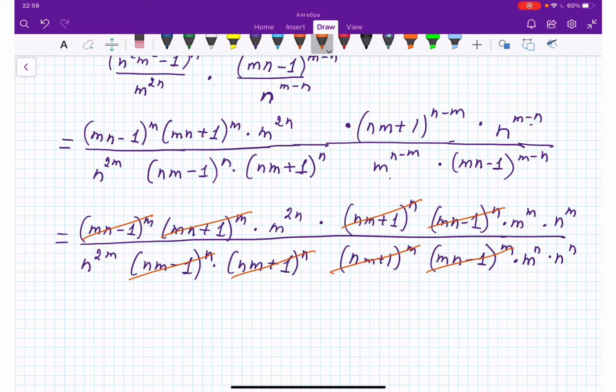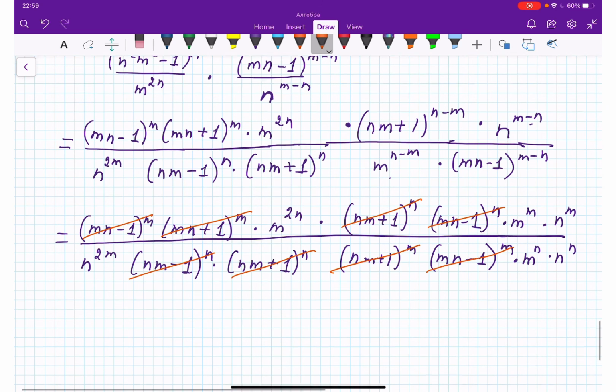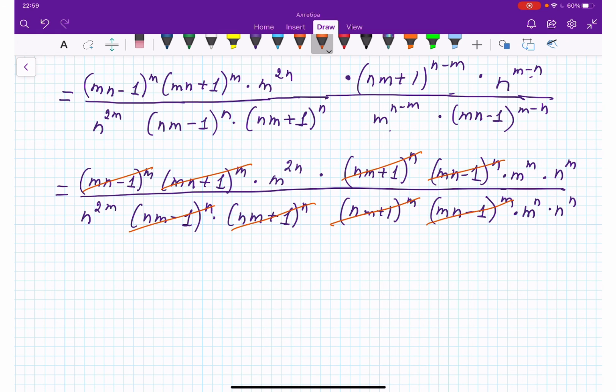Okay, so let me write it down clean, because it looks messy, so as not to leave out anything. m^(2n), m^m, n^m: this is what we have in the numerator left. n^(2m) times m^n, and times n^n.